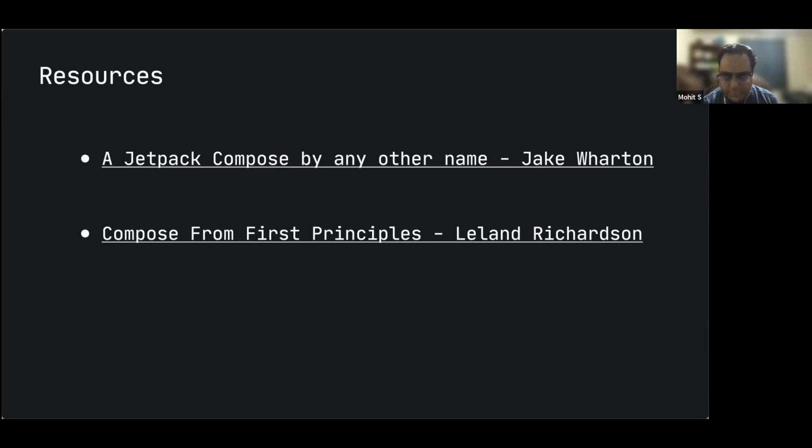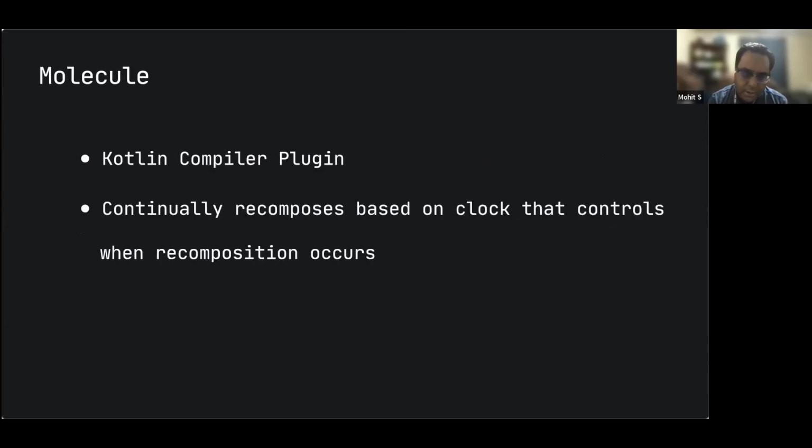It's a really nice talk that was given a while ago on how the base layer of Compose works. And molecule is a compiler plugin, right? It continually recomposes based on a clock that controls when recomposition occurs. I'll explain that in more detail.